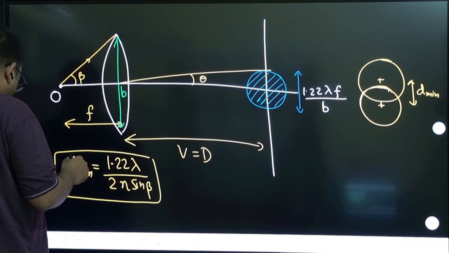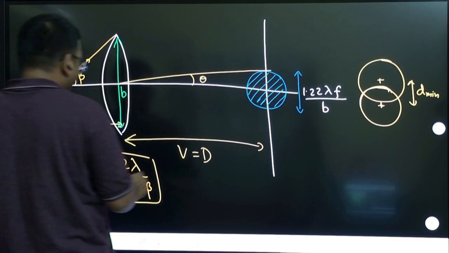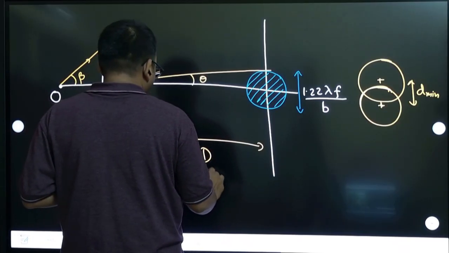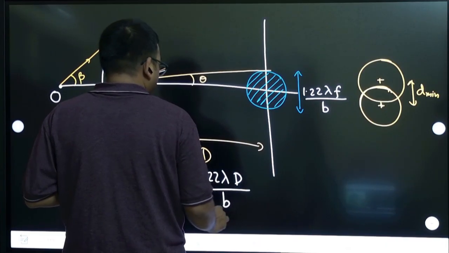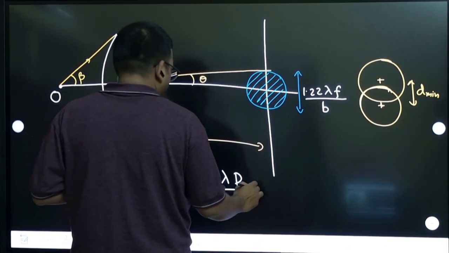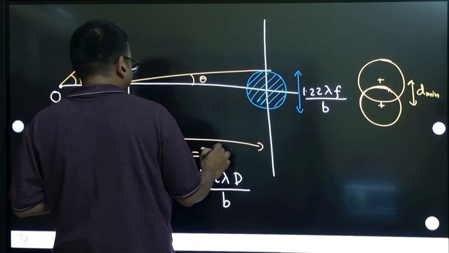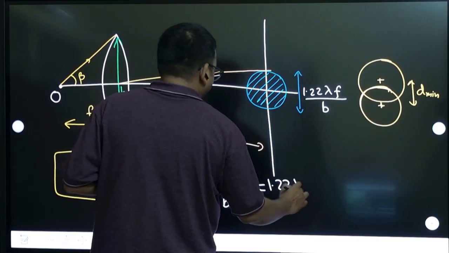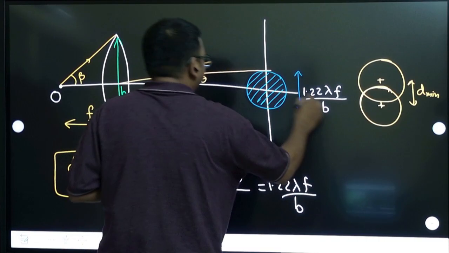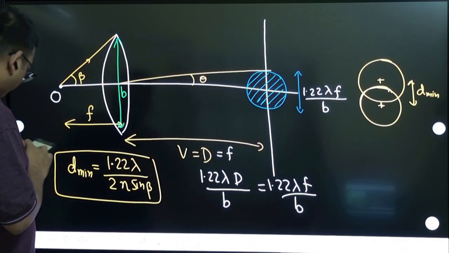How are they getting that total length? Again, I told you, this minimum is 1.22 lambda d by b. D they are choosing as focal length here. The same dimension, d is equal to focal length. So that becomes 1.22 lambda f by b. That's what it is.